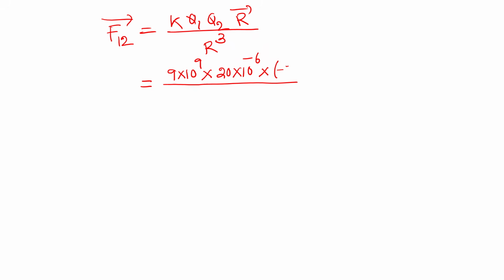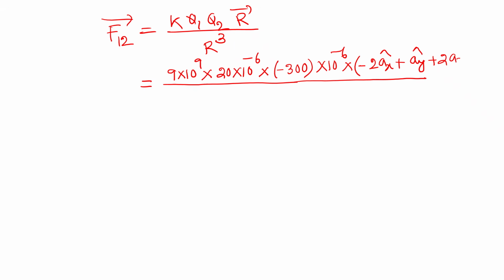Then multiplied by minus 300 into 10 to the power minus 6 again, multiplied by r vector, which was nothing but minus 2ax cap plus ay cap plus 2az cap. This whole thing will be multiplied by 3 cube, or you can directly write it as 27.